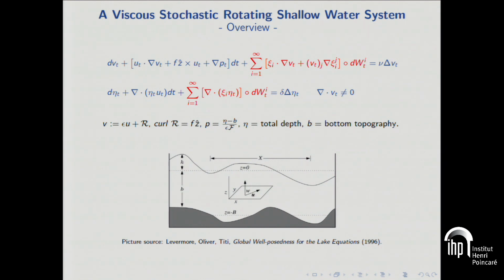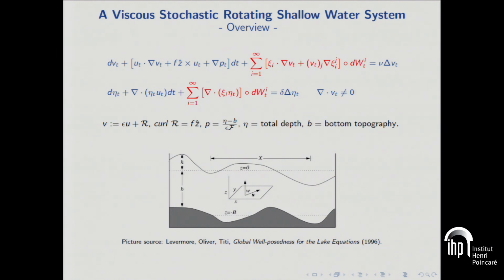It is basically the potential related to the rotation rate around the vertical direction. Small f here is the Rossby parameter, and z is just a unit vector which points away from the center of the Earth, basically.